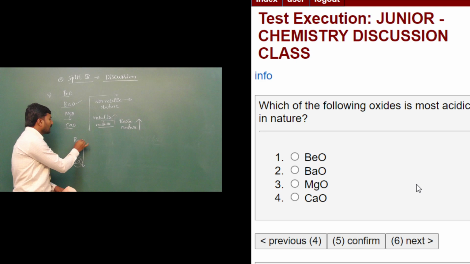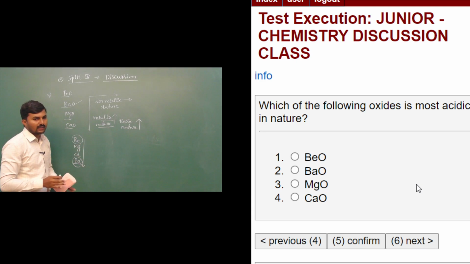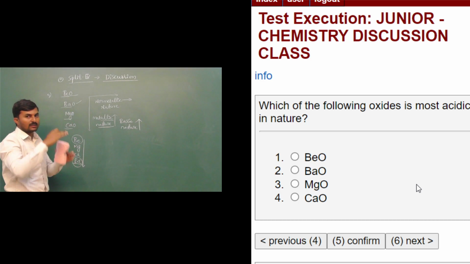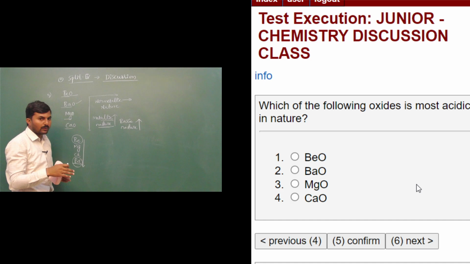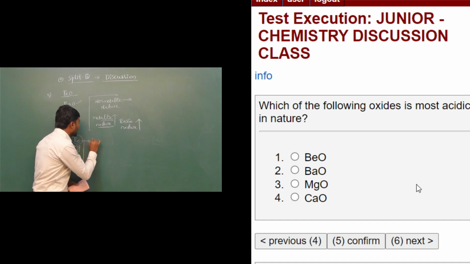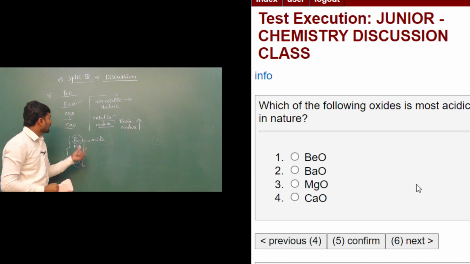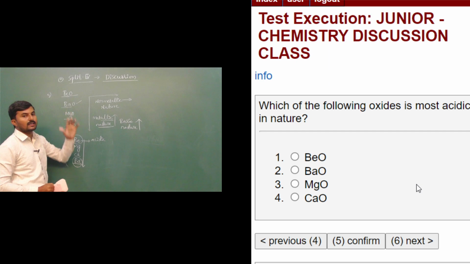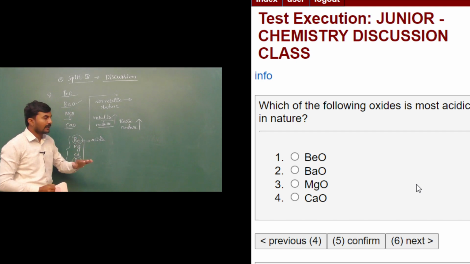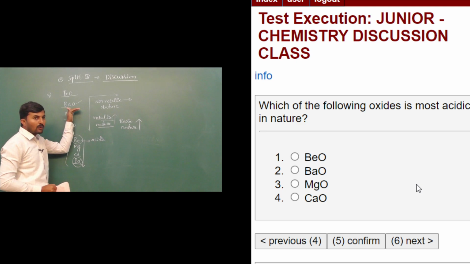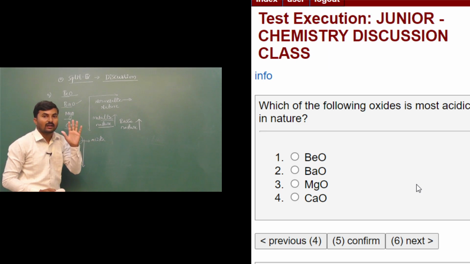At the same time, beryllium has the least basic nature, because it is present at the top of the periodic table, that is why it is acidic in nature. Among the four oxides of alkaline earth metals, beryllium oxide is more acidic in nature. And when we move down the group from beryllium oxide to barium oxide, their basic nature increases.